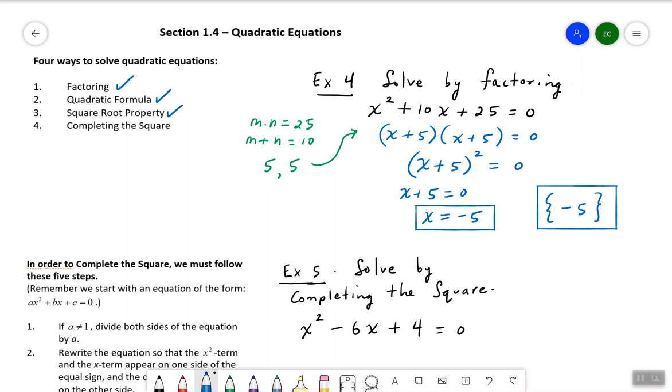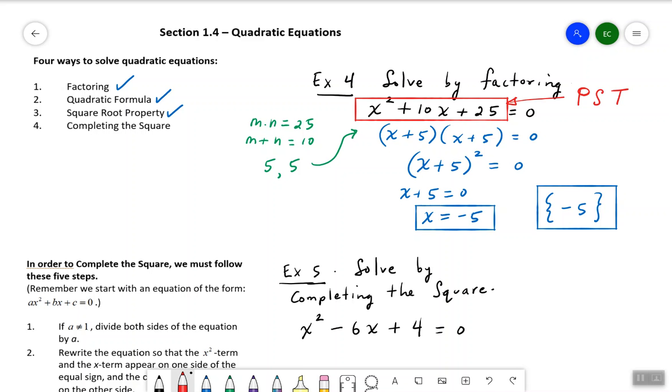And there's another important point that we can make with this example. What we see here, this trinomial, these three terms together make something called a perfect square trinomial, PST for short.